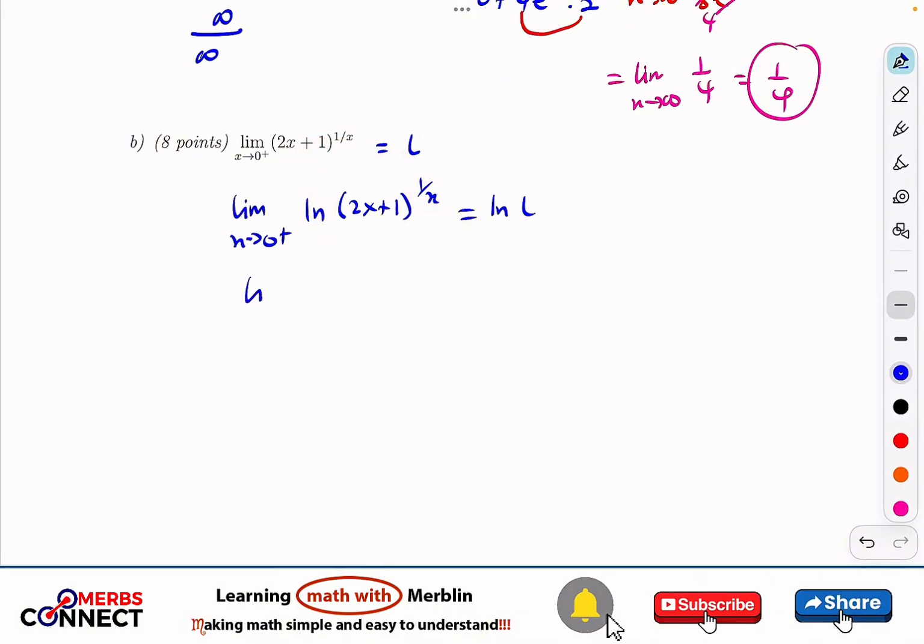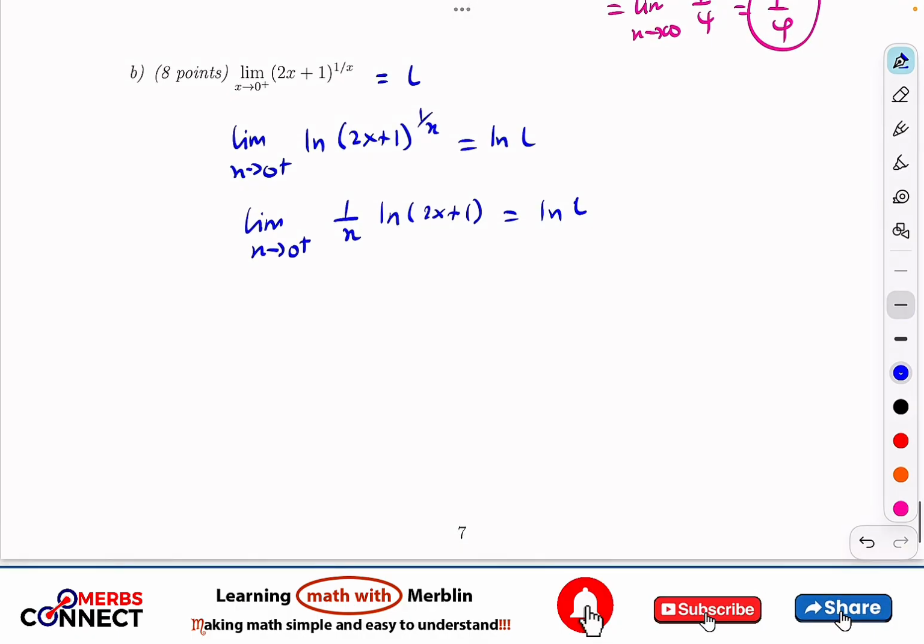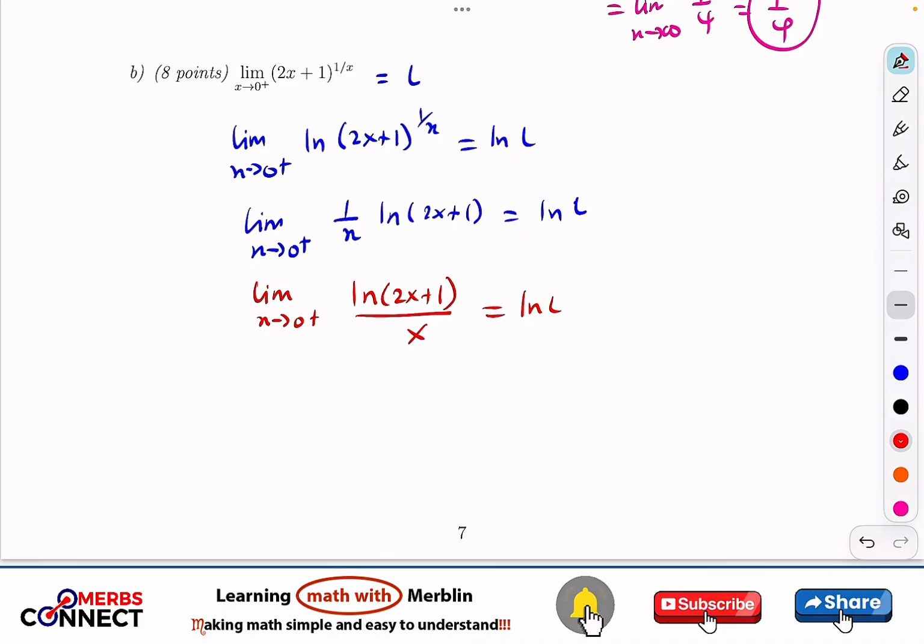So we are going to have 1 over x times the natural log of (2x plus 1). Now we can write this as the limit as x approaches 0 from the positive side of ln(2x plus 1) divided by x, which is equal to this.